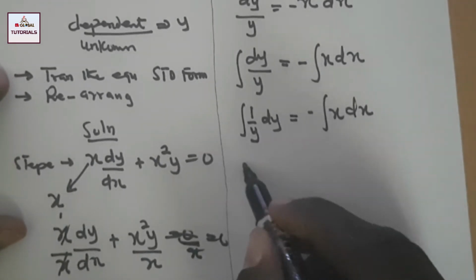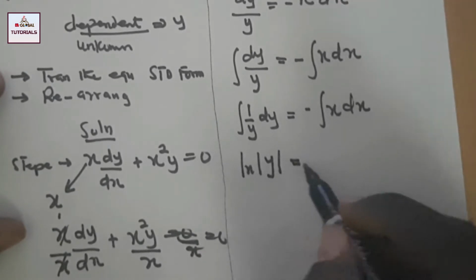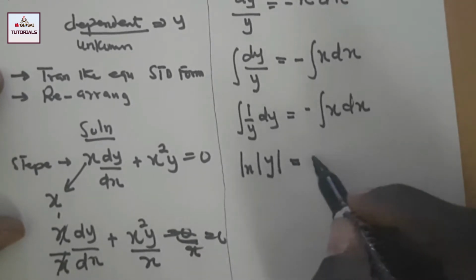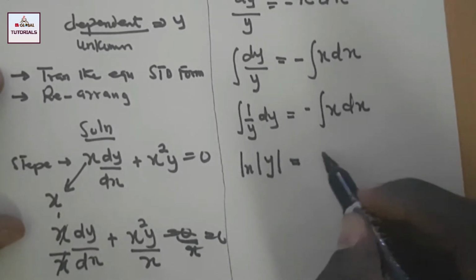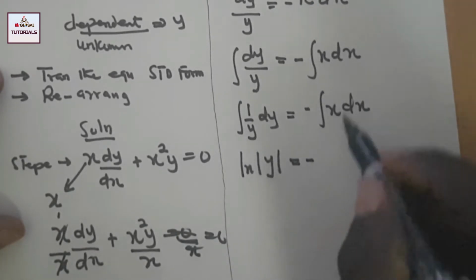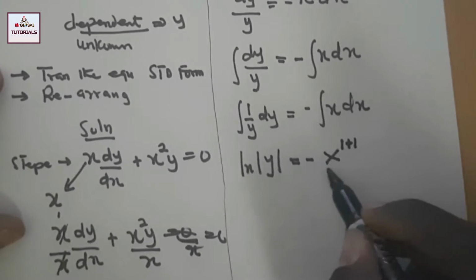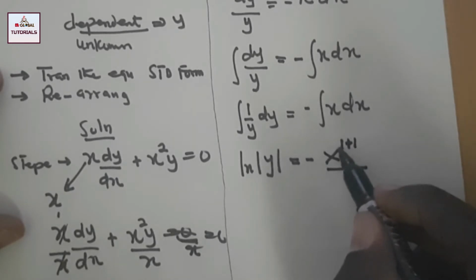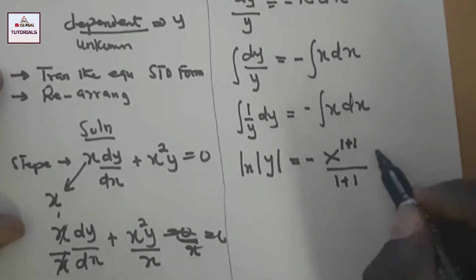So 1 over y gives us ln y. And the right side, when you integrate x, you keep your minus here. x is x to the power of 1, so 1 plus 1 all over the exponent, and the exponent here is 1 plus 1 now. Then bring your constant c.